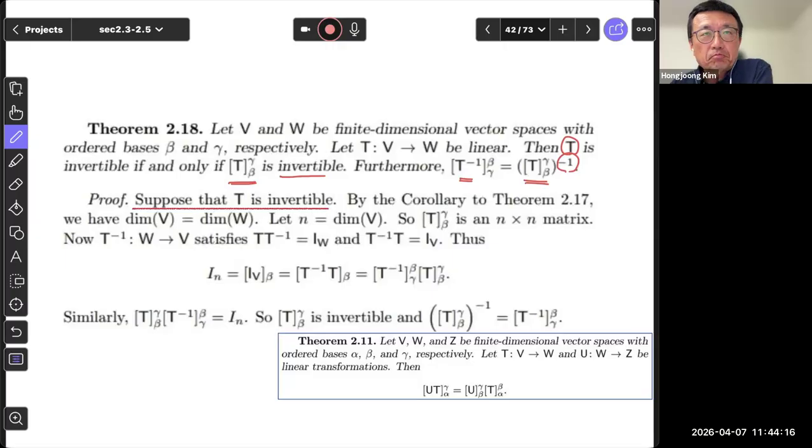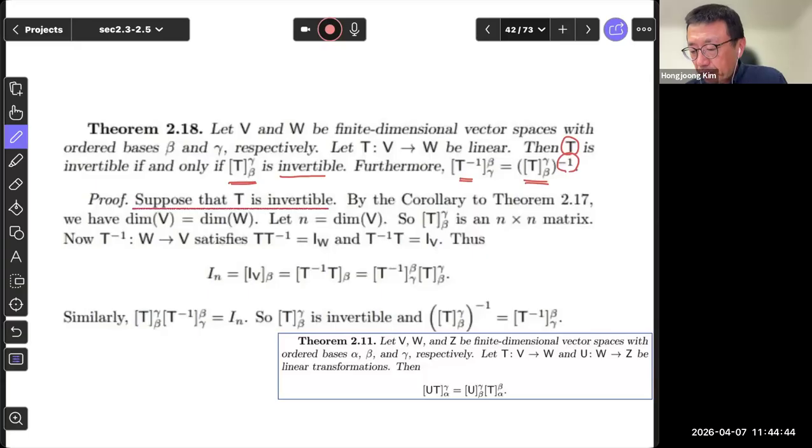Okay? And actually this comes from a simple fact, but since I don't have enough time to read or check this proof, let me continue from this slide next time to prove this theorem, because this theorem is simple, but important.